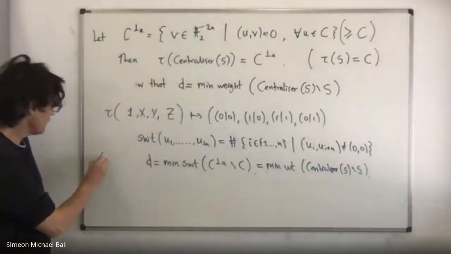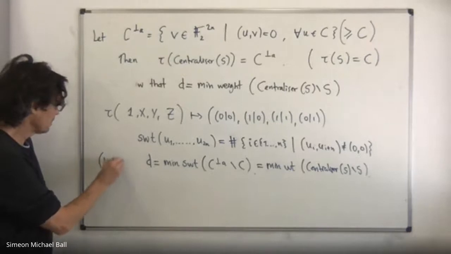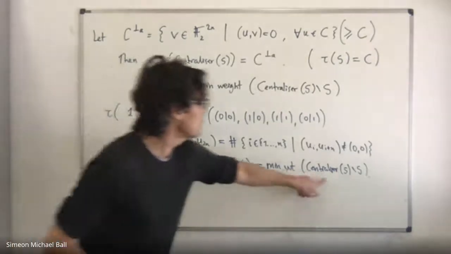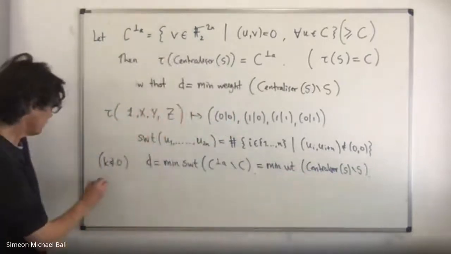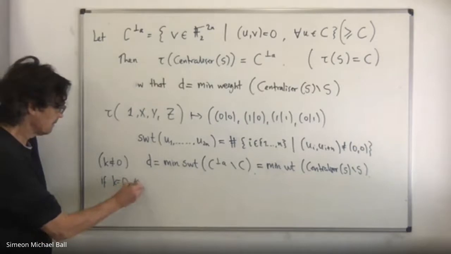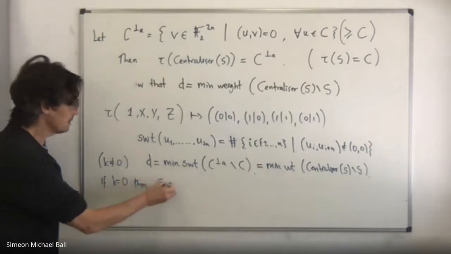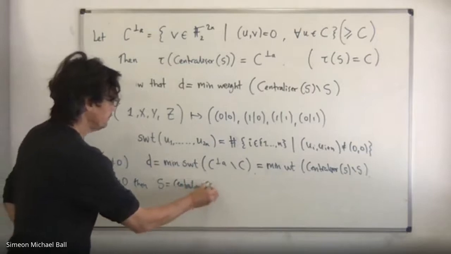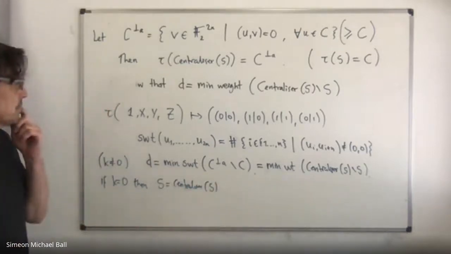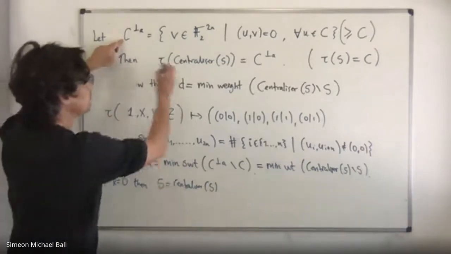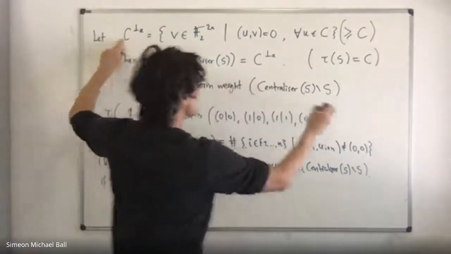Now, this will be the case when k is not equal to 0, of course, because if k is equal to 0, these two things are the same. So k is 0, we have to do something. S is equal to the centralizer of S. And that, well, now you see because of the dimension, maybe I should look at this here.